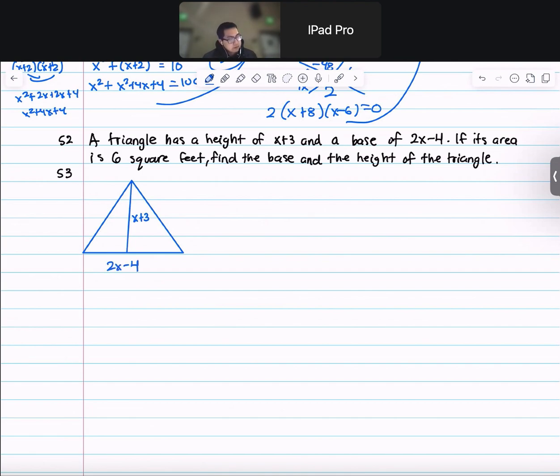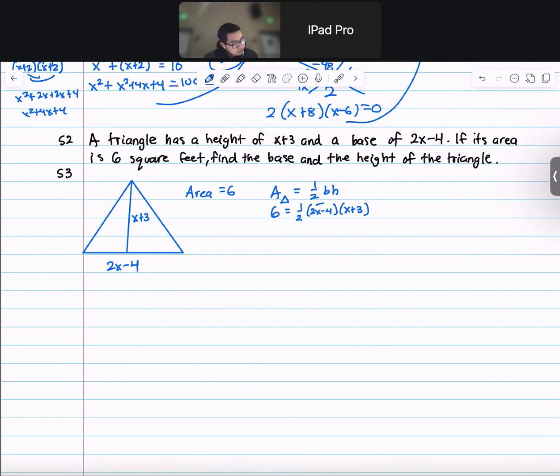And we know its area is 6. The formula for area of a triangle is 1/2 base times the height. We don't have the x values, so we've got to solve for that. They gave us area, so 6 equals 1/2 times the base, 2x minus 4, times the height, x plus 3.